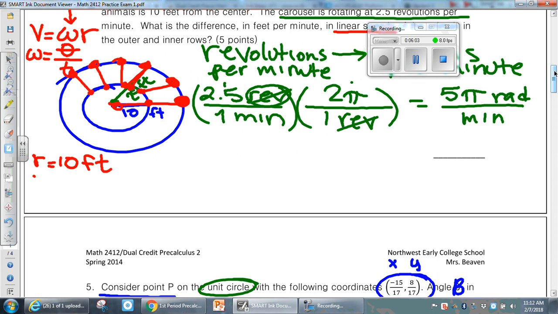That will be the radians per minute here, so 5 pi radians divided by 1 minute.